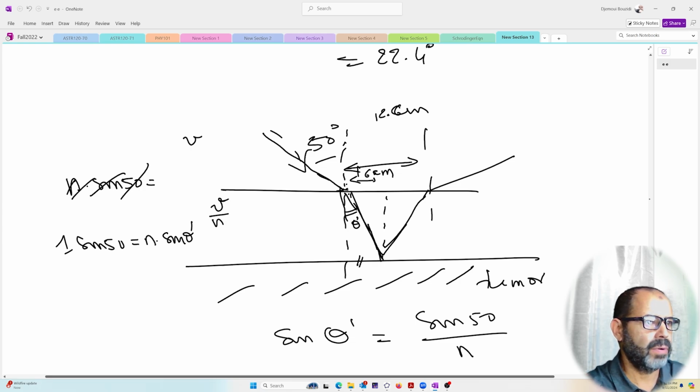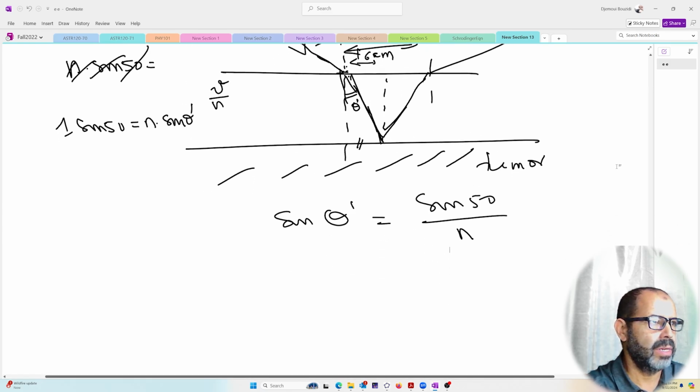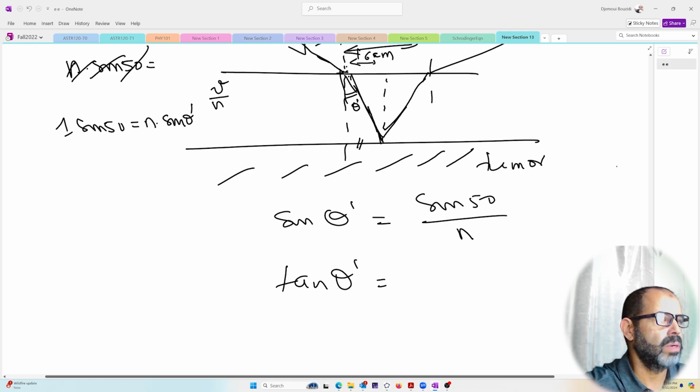From here we're going to find theta prime, and once we find theta prime, the tangent of theta prime is equal to the opposite, which is 6 centimeters, divided by the depth that we're looking for. I'm going to call this distance d.